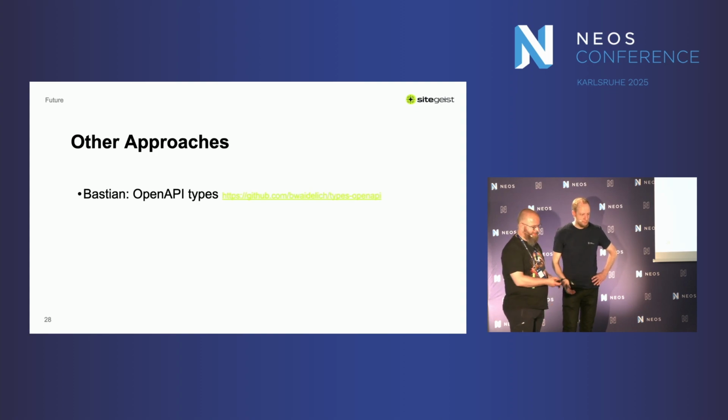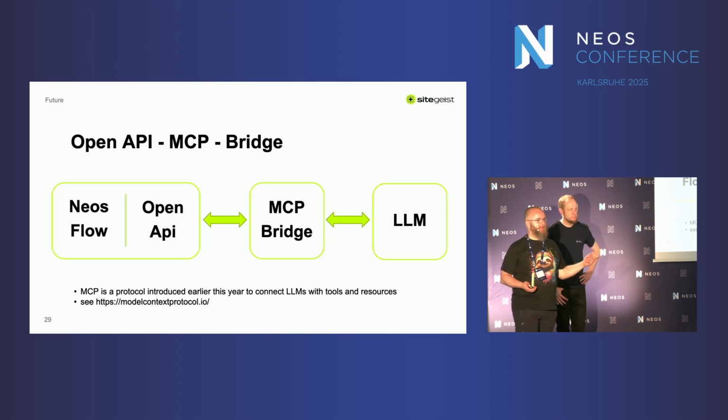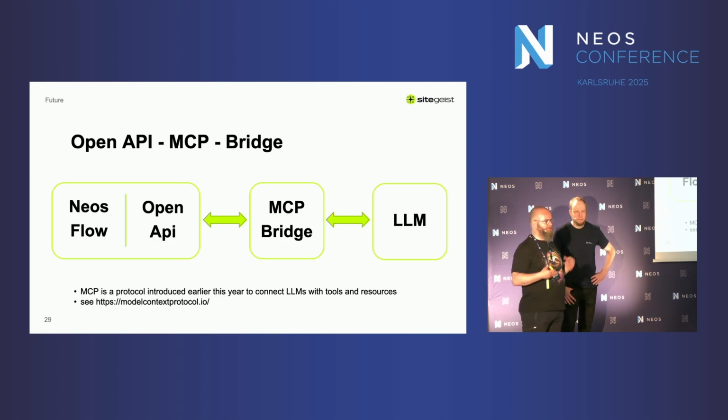And there's a last idea I would love to check out. I already heard the term MCP multiple times. MCP is a separate protocol which allows language models to communicate with resources and tools. And it turns out there are bridges that provide a connection from MCP to OpenAPI.